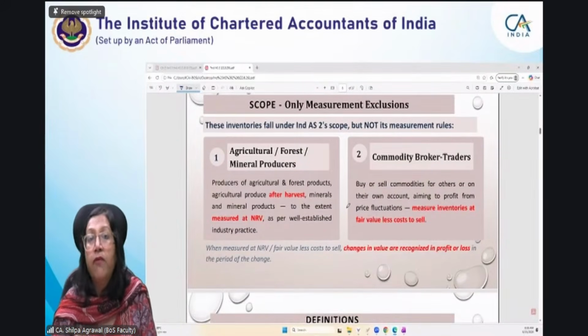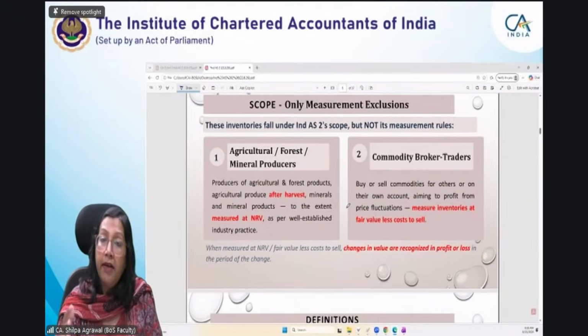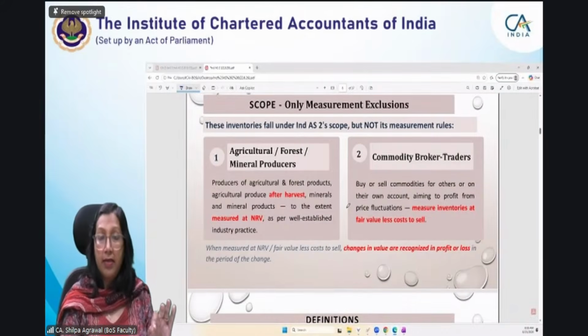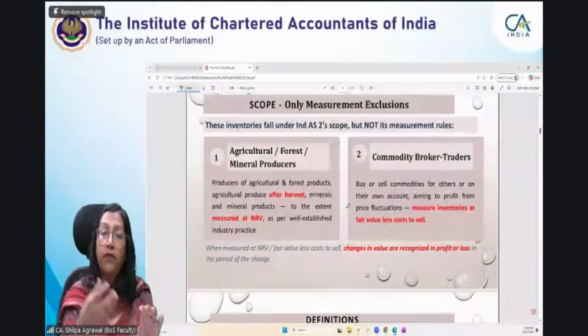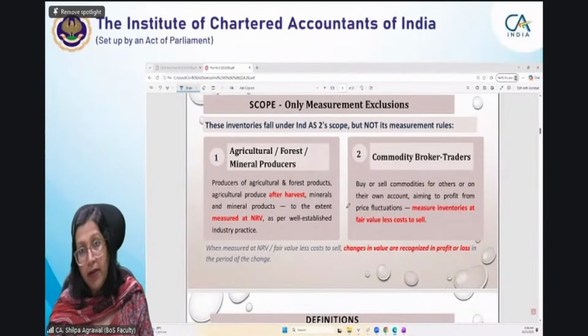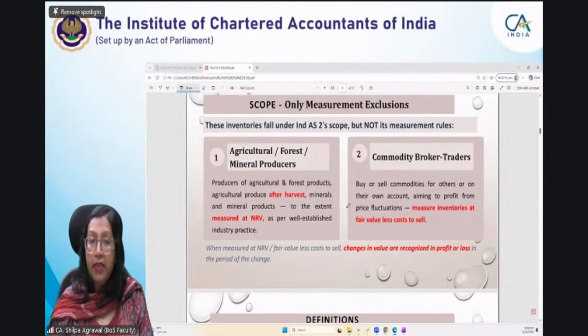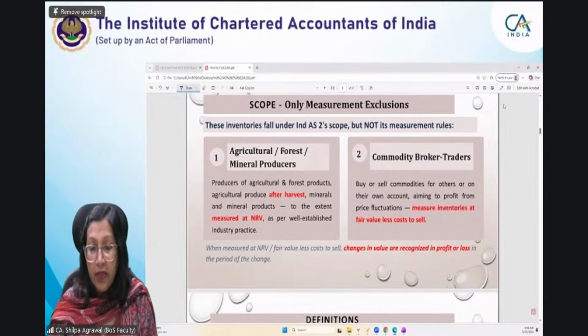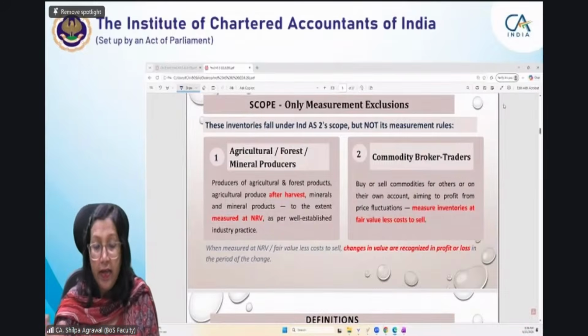For example, fruit-bearing trees are your long-run biological asset, but the produce or the fruits which you get from that become your inventory in case you deal in buying and selling of that particular commodity. We'll talk about the definition of inventory later.